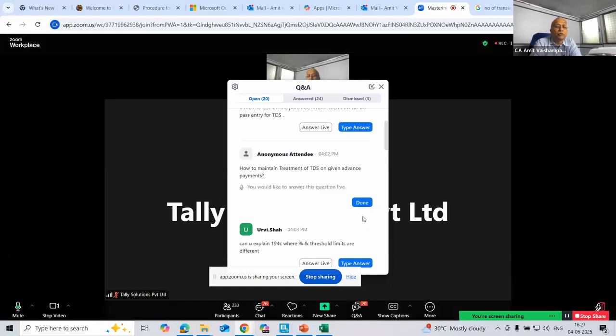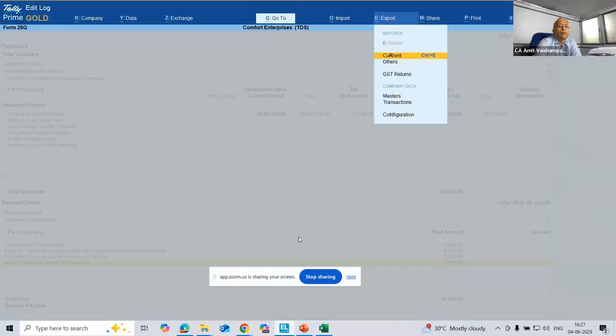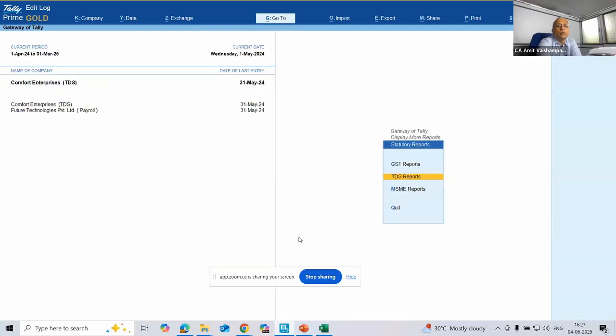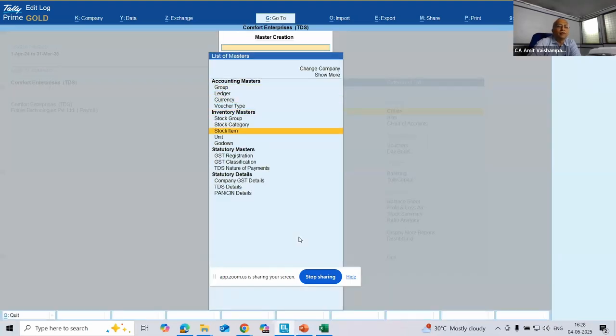Can you explain 194C where percentage and threshold limits are different? Okay. So we go to this configuration. Let us create a TDS nature of payment.